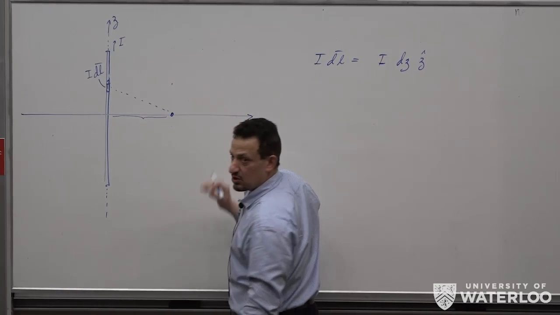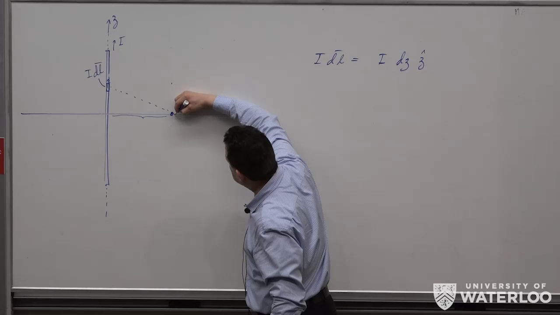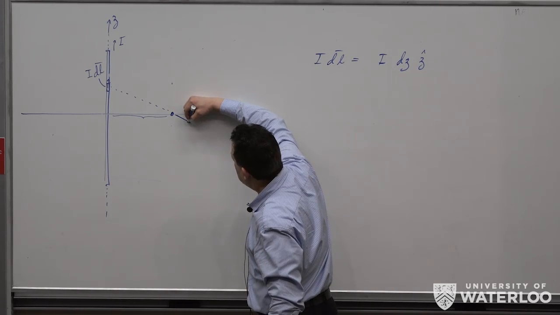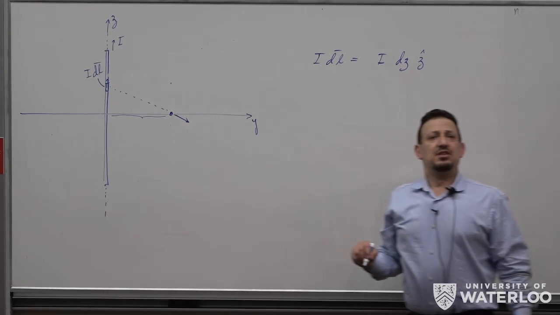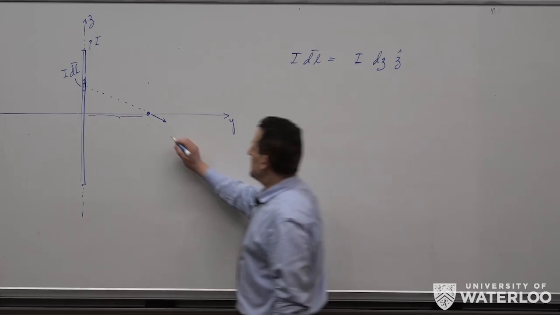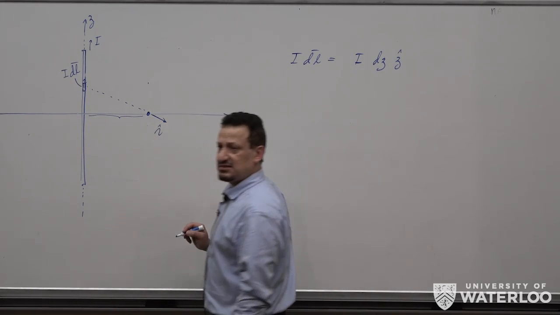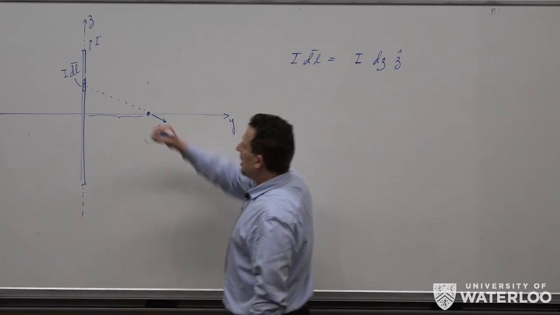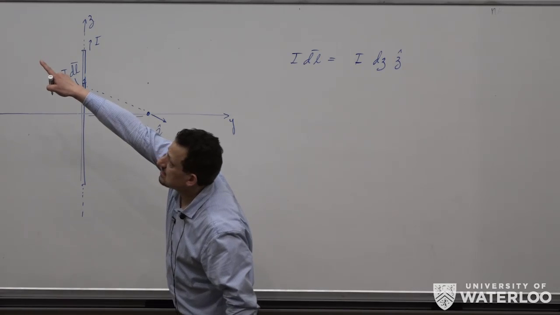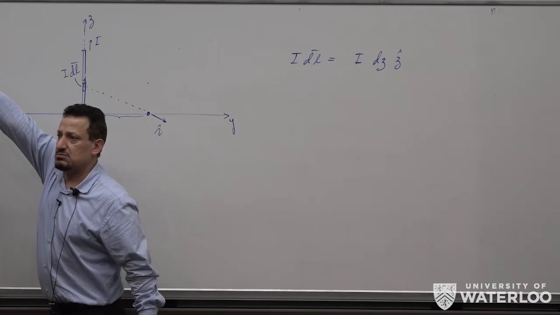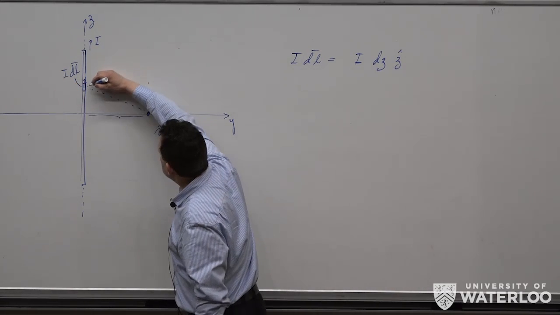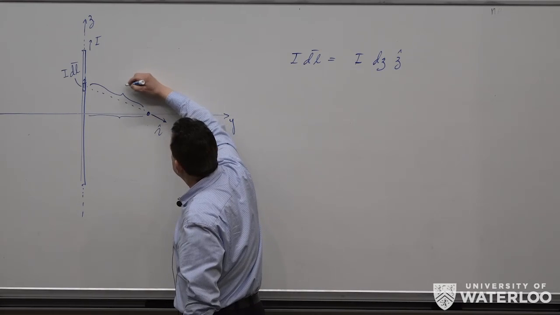So I'm going to take the OP out because I need some space. So R hat will be the unit vector pointing in that direction. So this will be R hat. And R, that's our box that we're trying to evaluate, capital R will be this distance, R here.